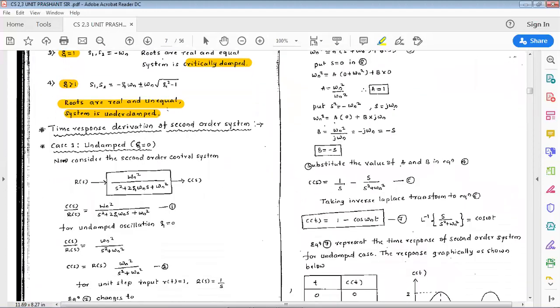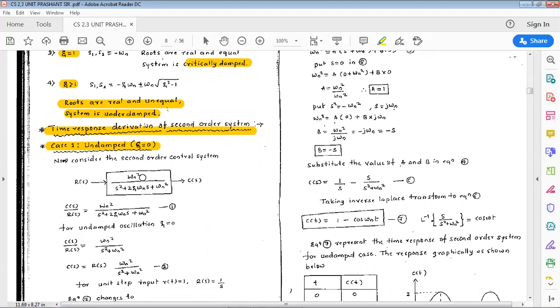Next, we'll discuss the time response derivation of the second order system. Again, we have the four cases that we have just discussed. We'll look into the first one, case 1, the undamped case, that is zeta equal to 0. Consider the second order system as shown in the figure, R of s and C of s.